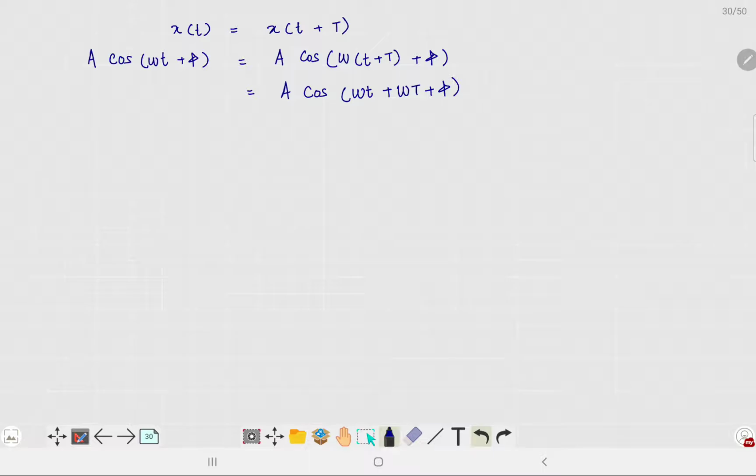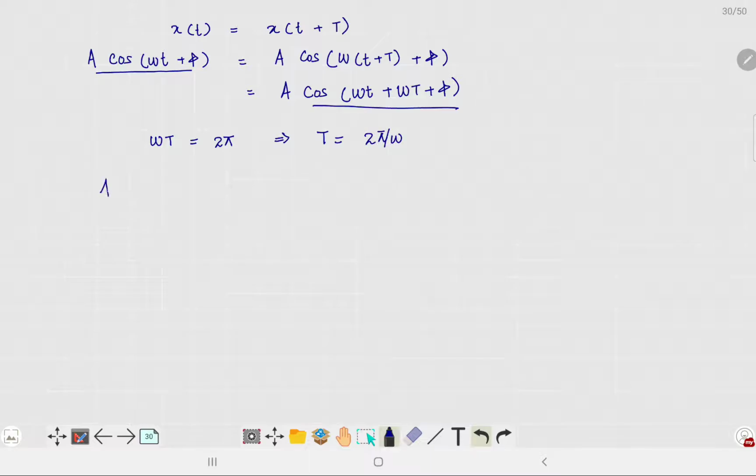Now for this to be true, we know from the basic trigonometric relationship that omega T should be equivalent to 2 pi, because then it will be A cos(omega t plus 2 pi plus phi), which is A cos(omega t plus phi). In other words, I can say that the time period is equivalent to 2 pi by omega.